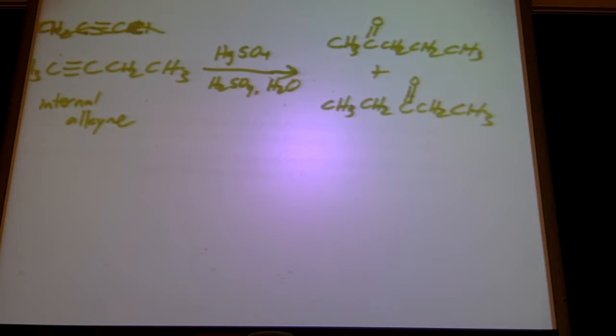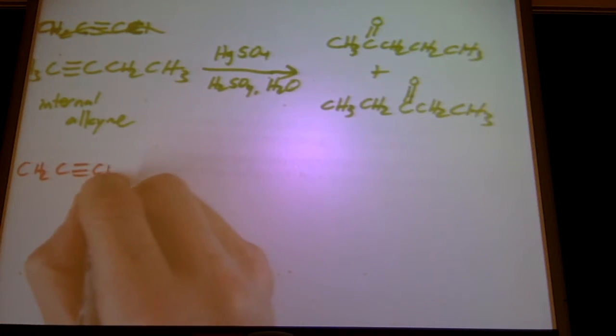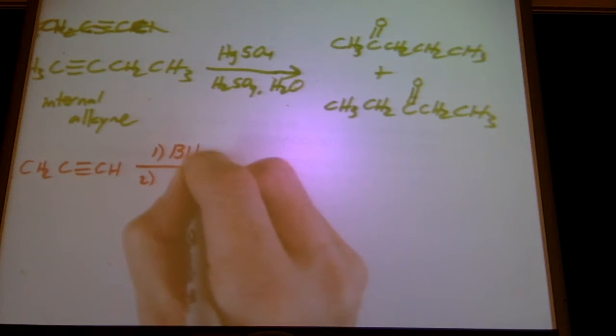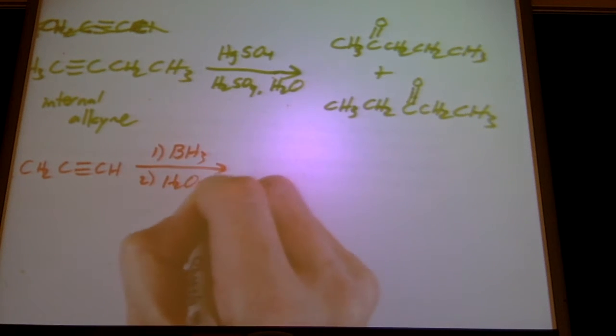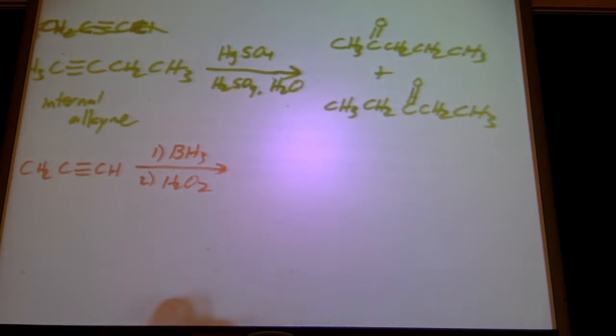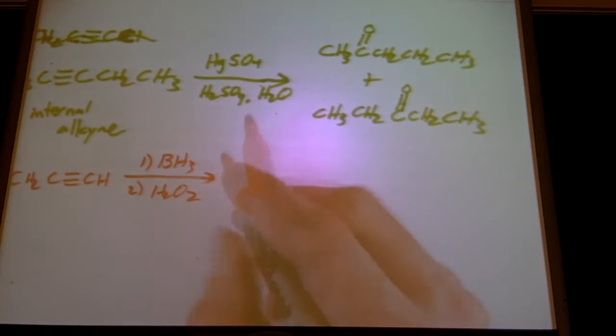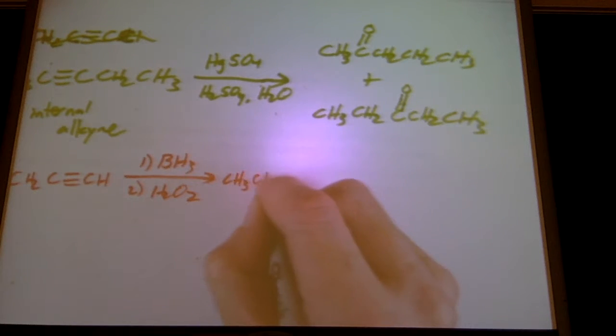Let's look at the terminal alkyne. It's the exact same reagents that we've seen with our alkene conversion. Hydroboration-oxidation adds an OH to the least substituted position.